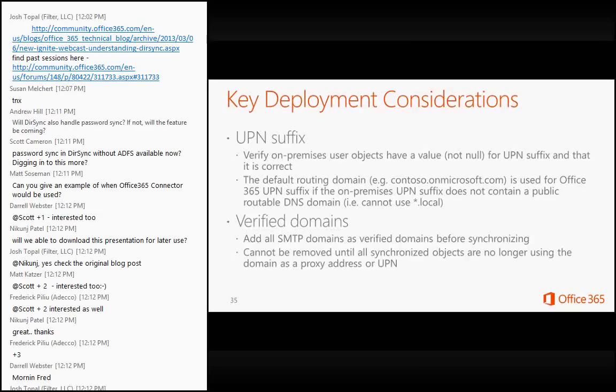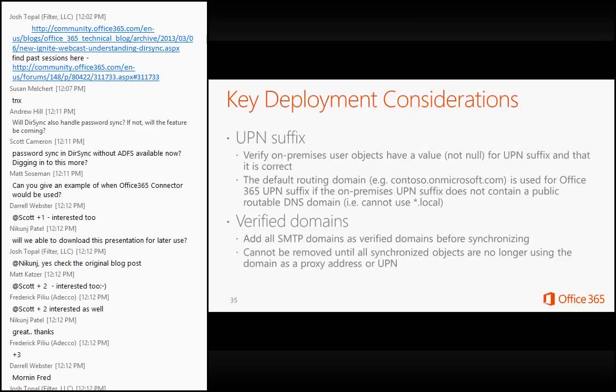It may match your SMTP address, or it may not, but for ease of use, we recommend that it does match your SMTP address. We also need to make sure that the UPN suffix is publicly routable, so we don't support things like .local, for example.